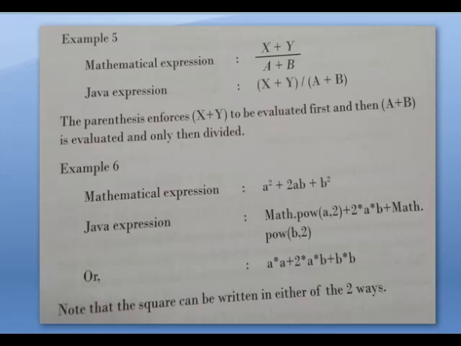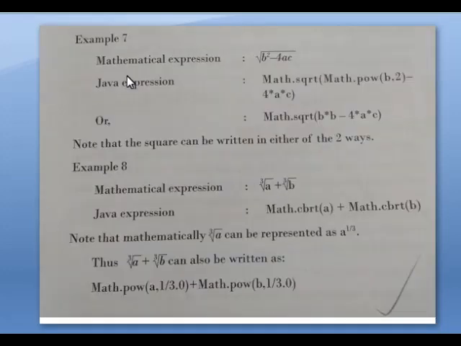Now the next example is the mathematical expression square root of b square minus 4ac. For finding the square root of any number, we have to use the function Math dot sqrt. The square root is common for b square minus 4ac.